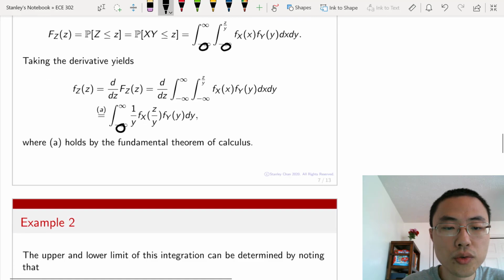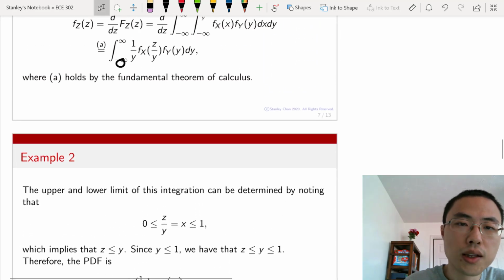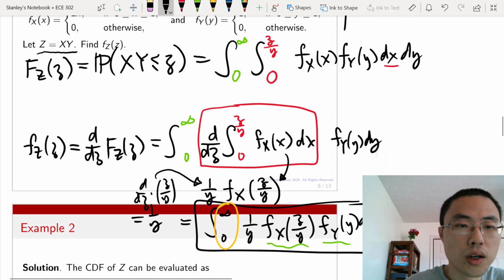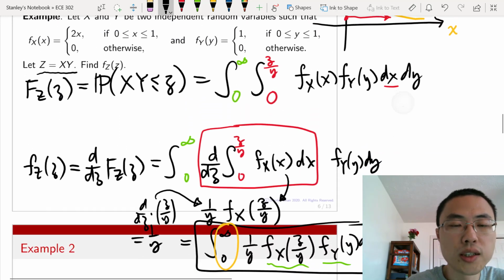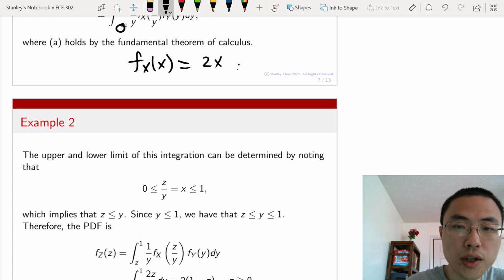So now let us go to the actual calculation. The actual calculation says that I want to plug in my fx of x equals, what do I have here? 2x, for x between 0 and 1. Okay, so it's 2x for x between 0 and 1.